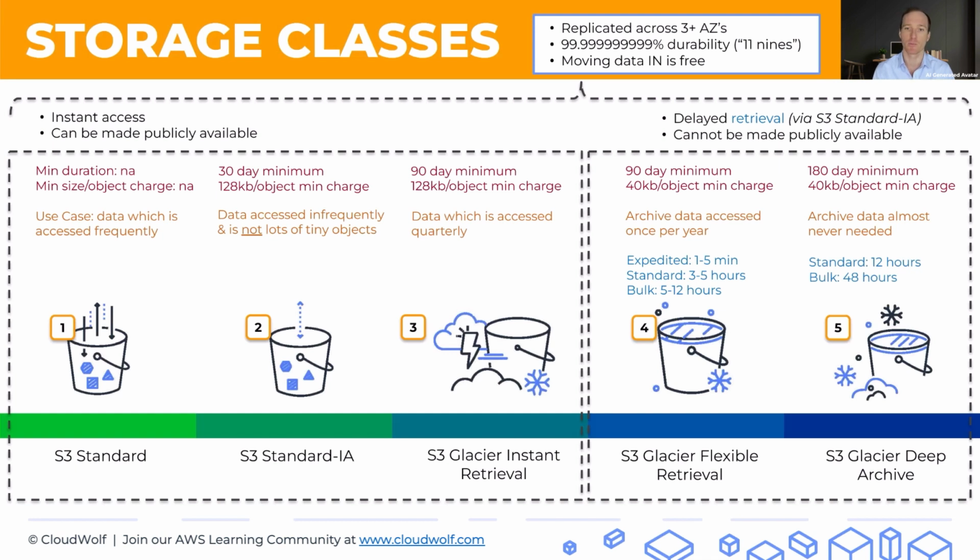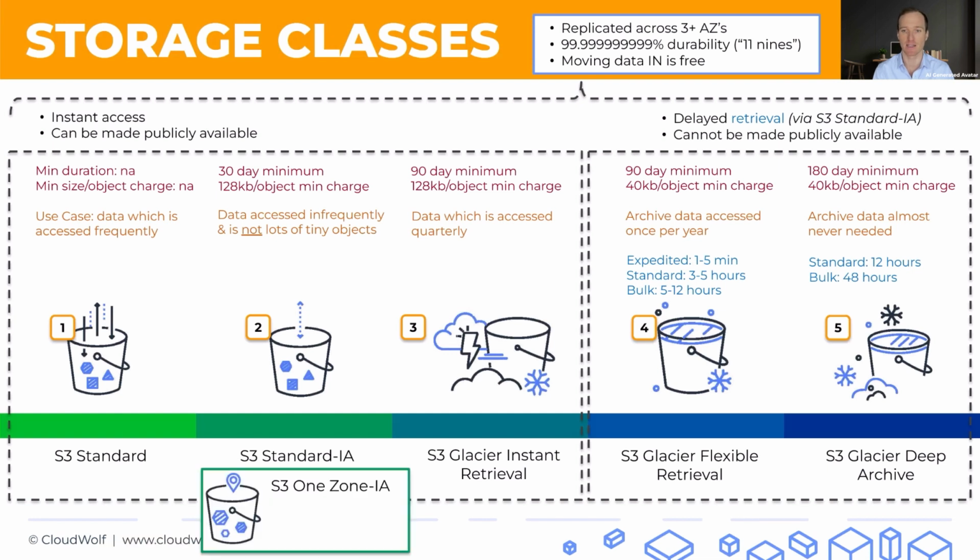Now, there is one more class that we need to mention right now, and that is S3 one zone IA. And it fits in this diagram over here right next to S3 standard IA. It's also an infrequent access, but it's a one zone infrequent access. So this is our 6th class. And as the name suggests, it just uses one zone.